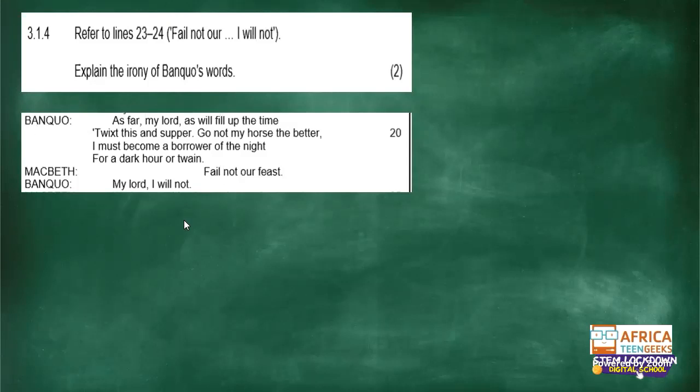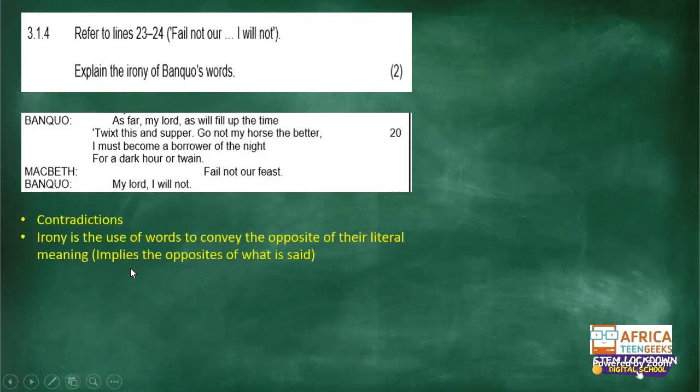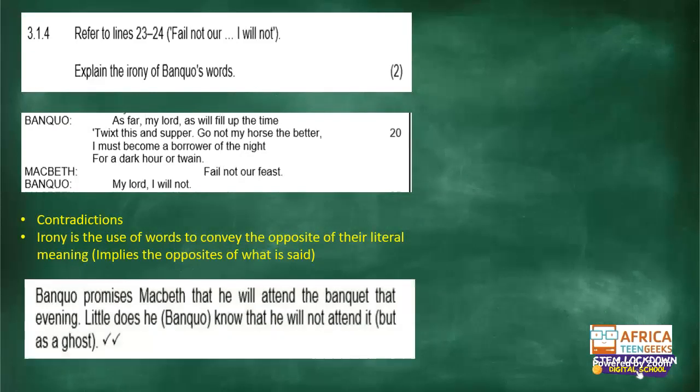Okay, let's just have a look at the answer. Right, as you guys said, irony is the use of words to convey the opposite of the literal meaning. So you're saying something, and then when it comes to your action, you do the opposite. Banquo promises Macbeth that he will attend the banquet that evening.